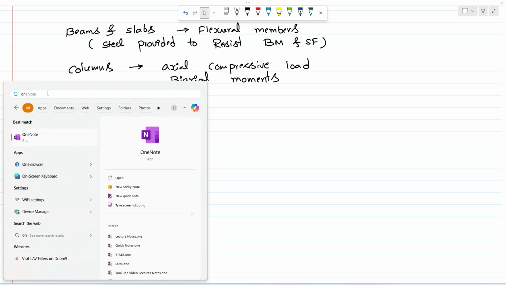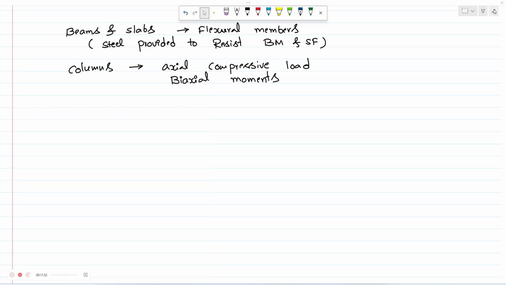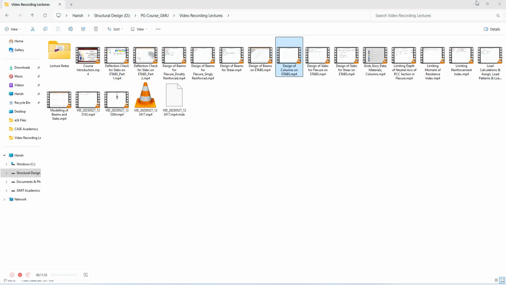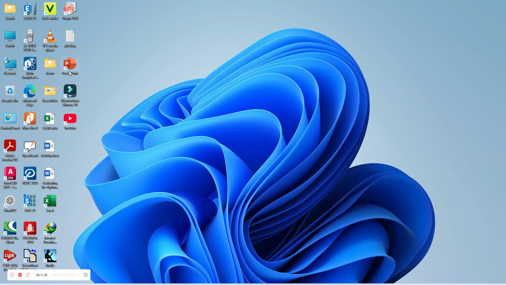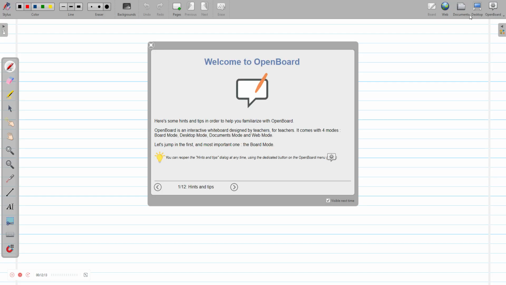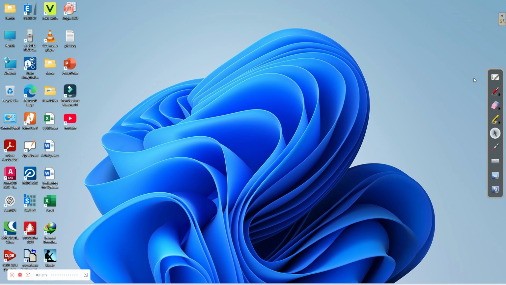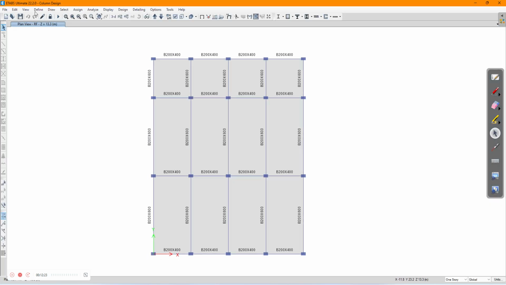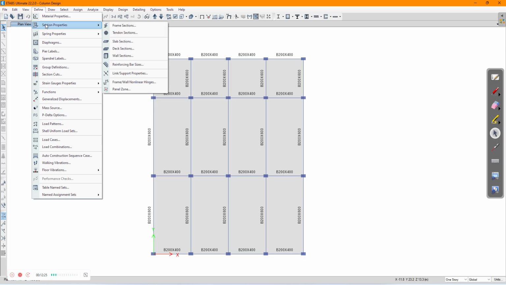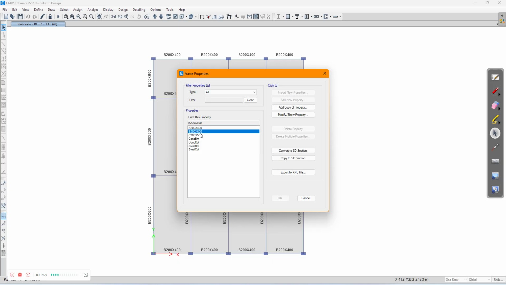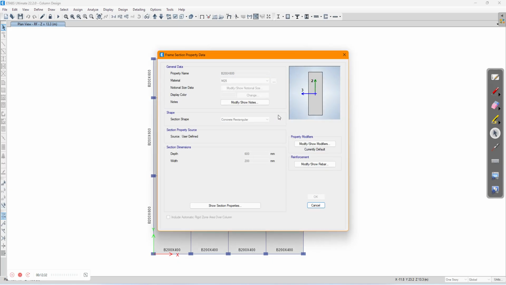See here, once you open ETABS, in case of define section property, frame section, in case of beams, you go to modify.